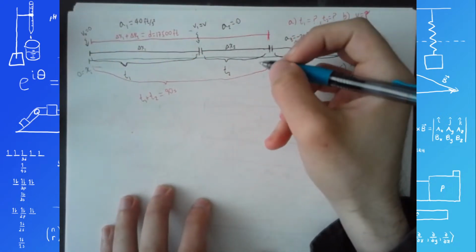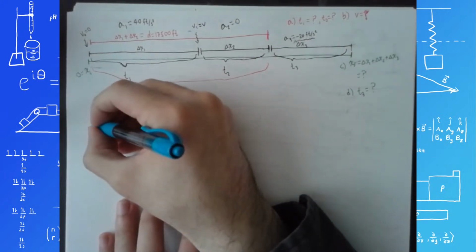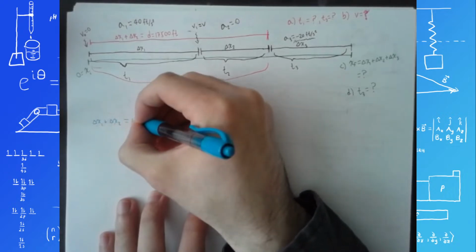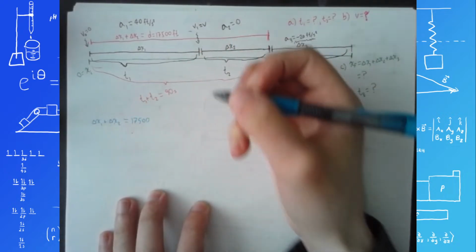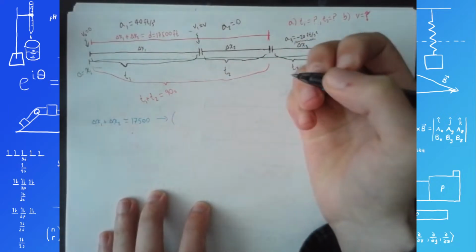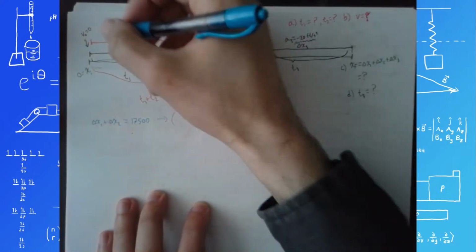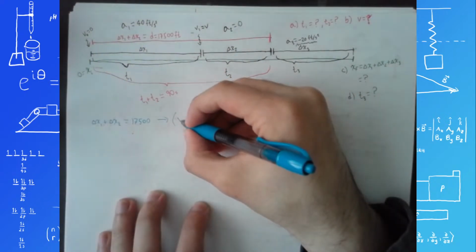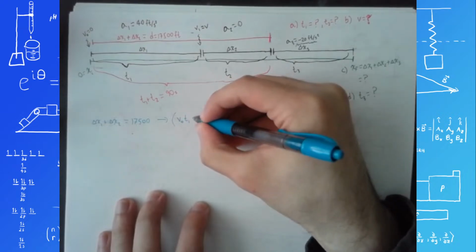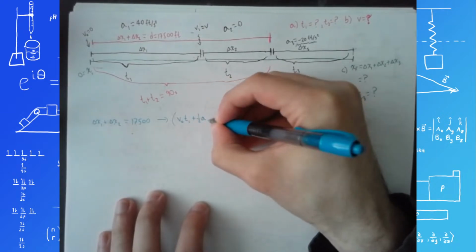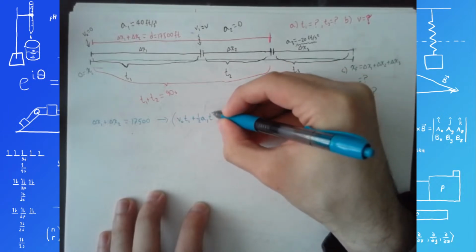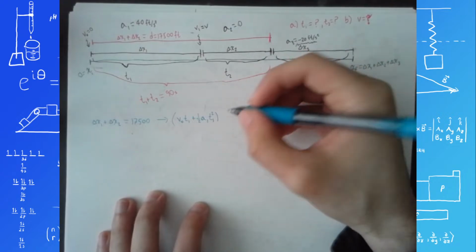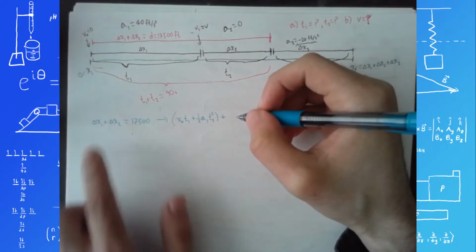If I start with delta x1 plus delta x2 equals 17,500, then I can go: delta x1 is equal to v0 times t1 plus 1/2 the acceleration times t1 squared, plus delta x2.